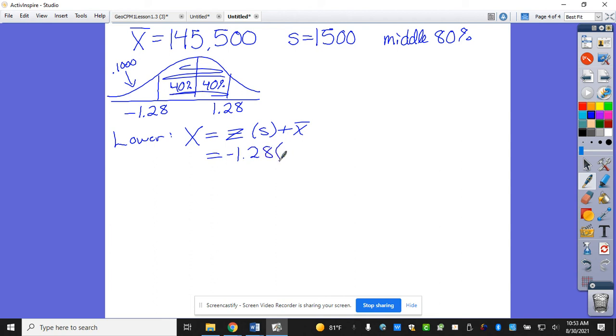What is your standard deviation? What is your x bar? And this should give you a number a little bit less than that. These are backwards. This is 143 something, right?